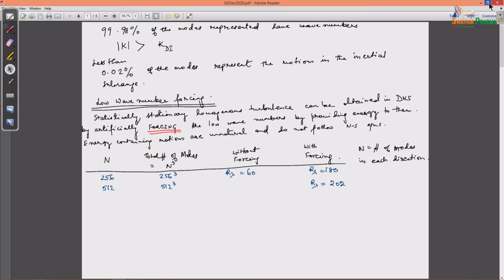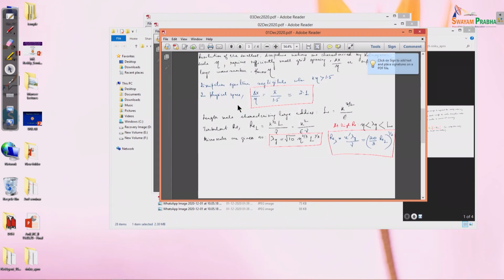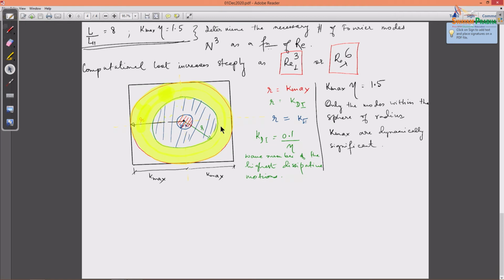Okay, let's just see. I'll try to pull this up. Yes, so we got this domain typically, and K max eta. We drew a spherical domain of radius K max, right? In here we have this highlighted zone.